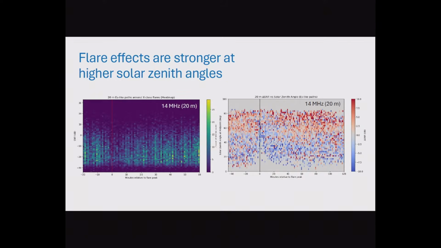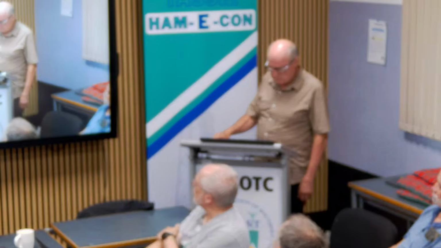And if you're working a path that's got quite a large solar zenith angle, in this case here, 80 degrees, then you're much better off. So these are things that are known about solar flare effects, but just something you can get out of the WSPR database.